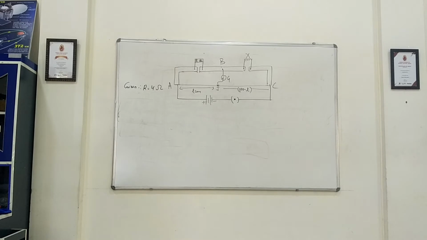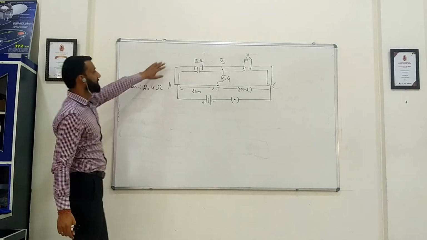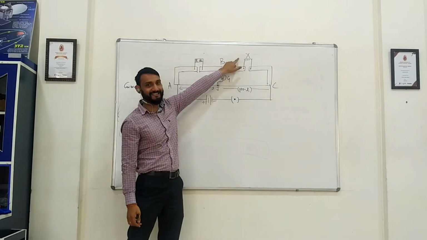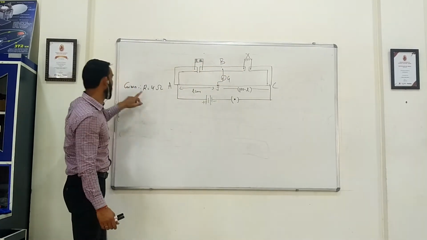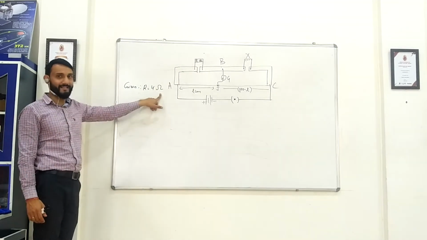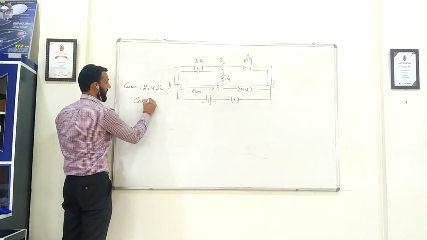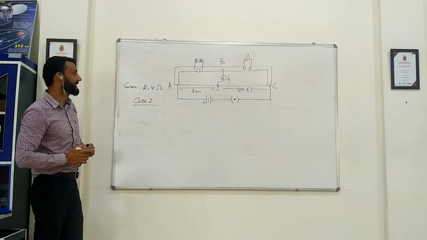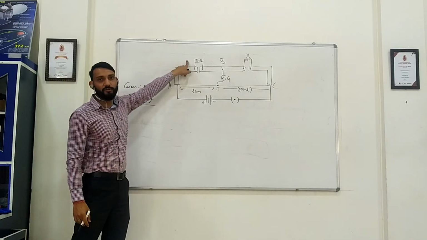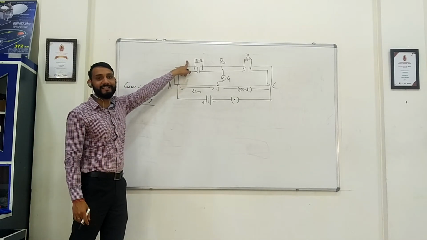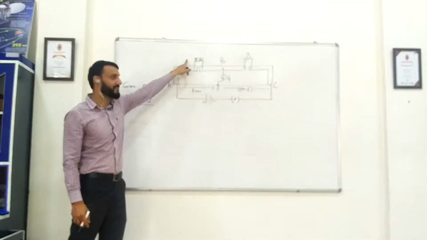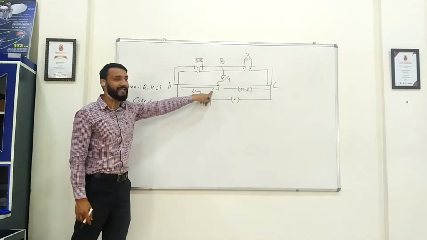So this is the third and last numerical which we will be discussing. As you can see, there is a diagram drawn and there is a resistance box here. This is an unknown resistance X, and the value of the other resistance is given, that is 4 ohm. Two cases are given. In case 1, if this resistance has a value of 4 ohm, we are getting the balancing length at L centimeter.